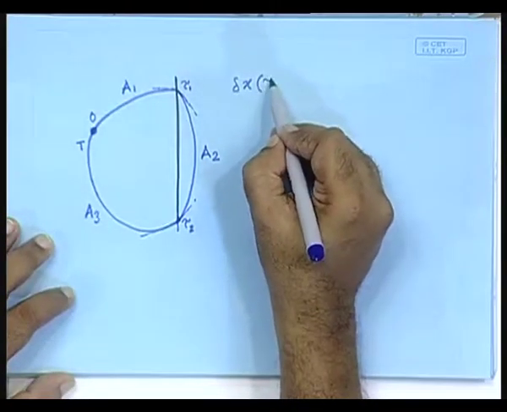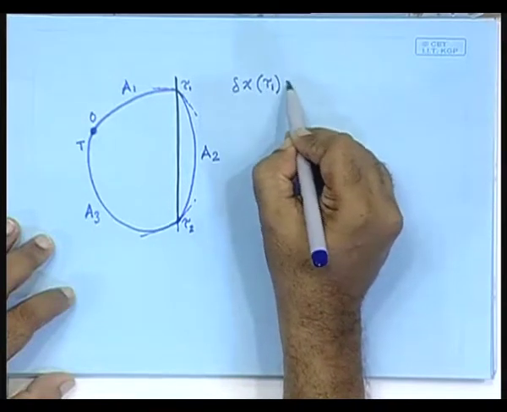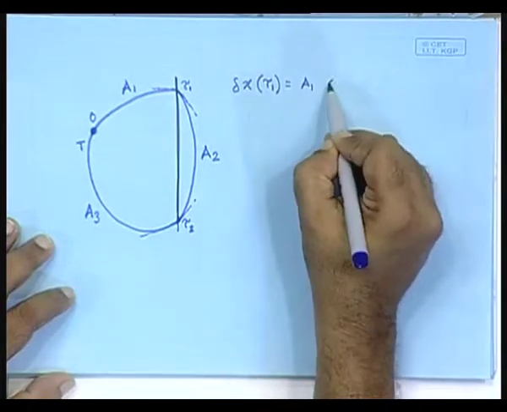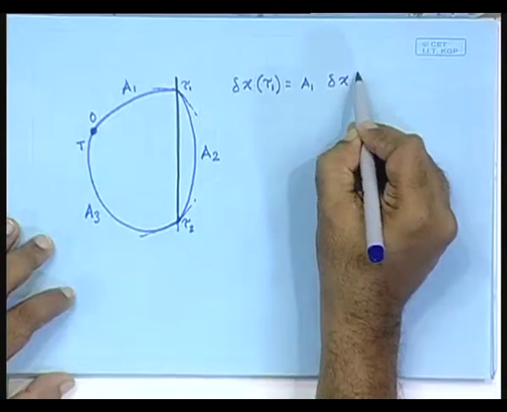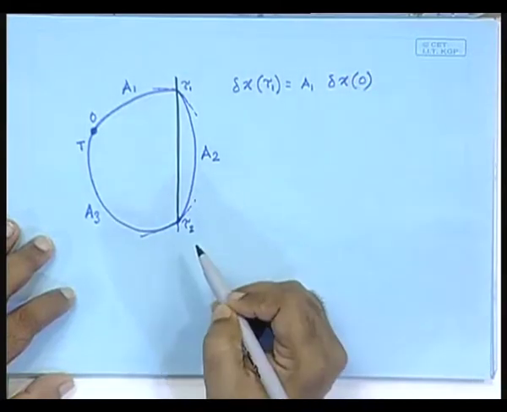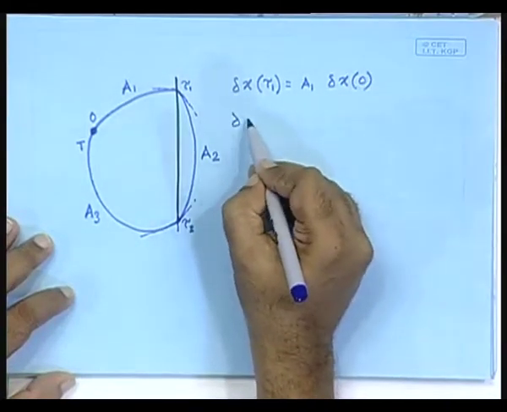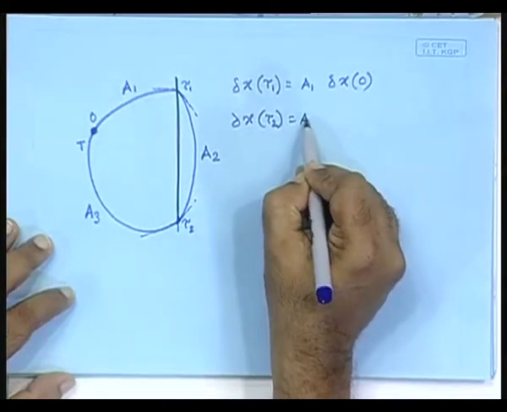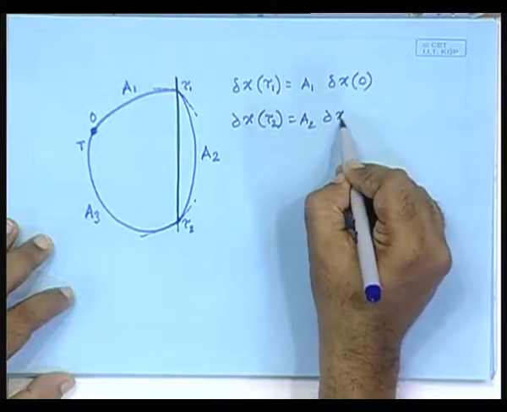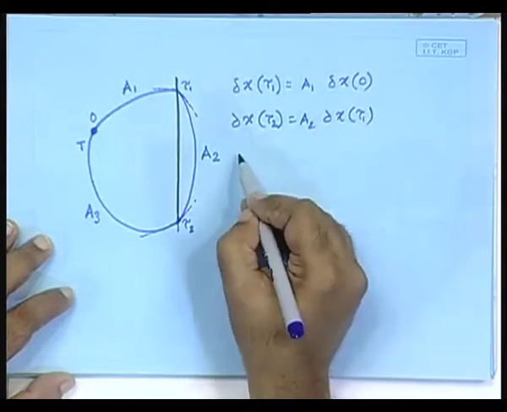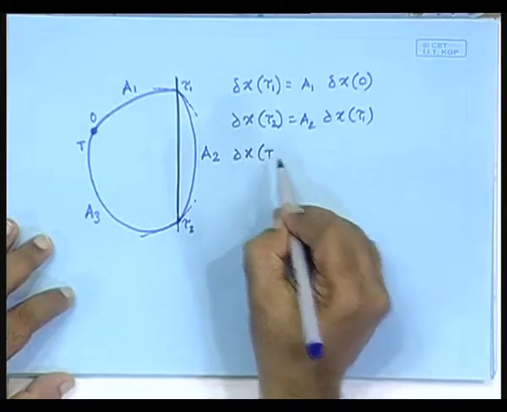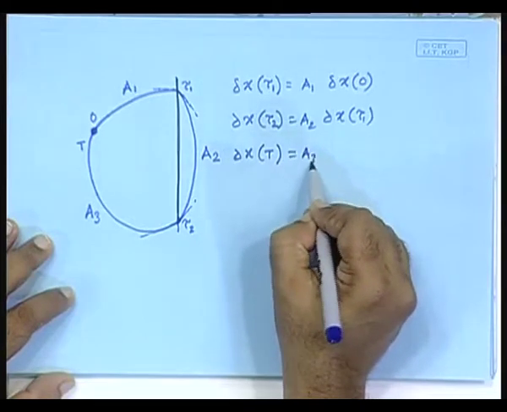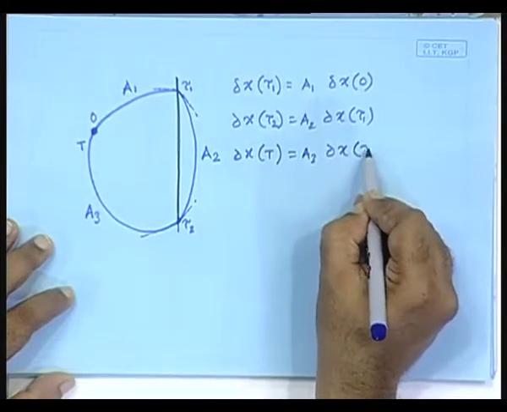Then delta x tau 1 is A1 delta x 0, delta x tau 2 is A2 delta x tau 1, and delta x t is equal to A3 delta x tau 2.